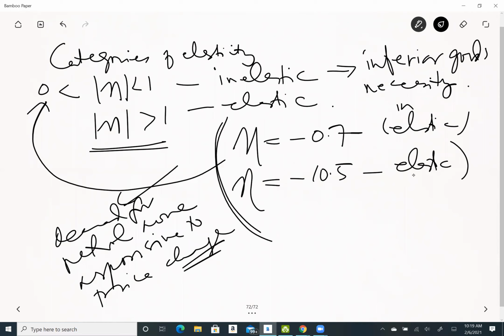For us, rice. So the elasticity of rice is normally inelastic because it is a necessity. Even if the price goes up, you still have to buy rice. That's why the elasticity is very low, less than one.